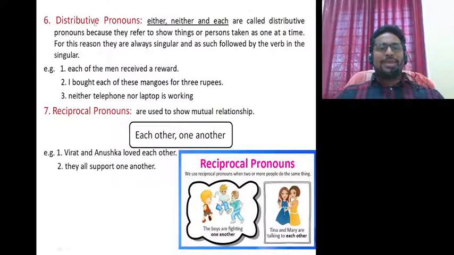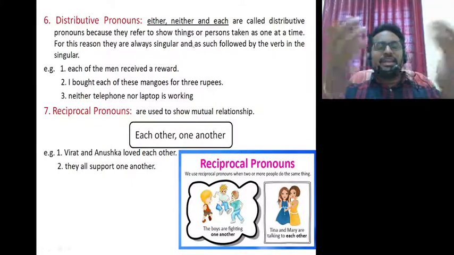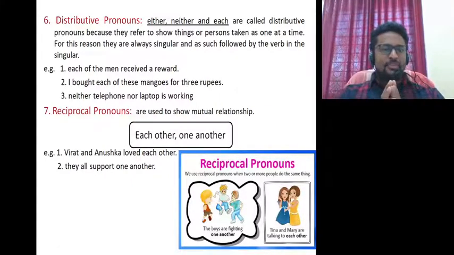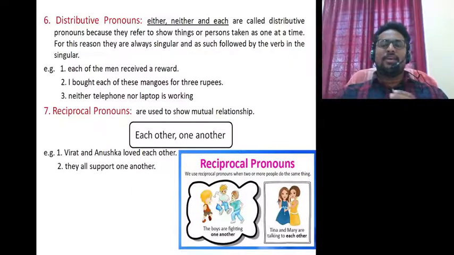Why are we calling them distributive pronouns? For this reason, they are always singular and followed by a singular verb.